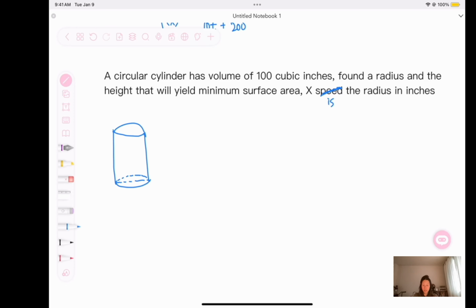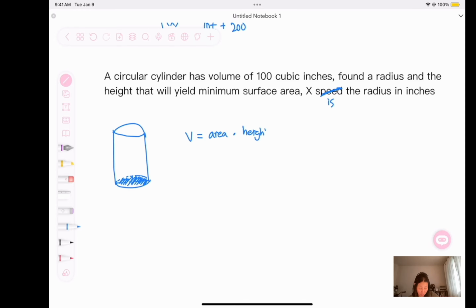So this is the cylinder, and the volume of a cylinder is equal to the bottom surface area times the height. I don't like to memorize all the formulas. We have so many formulas, but you need to understand where they come from. It comes from the bottom, this part, the circle area, multiplied by the height.